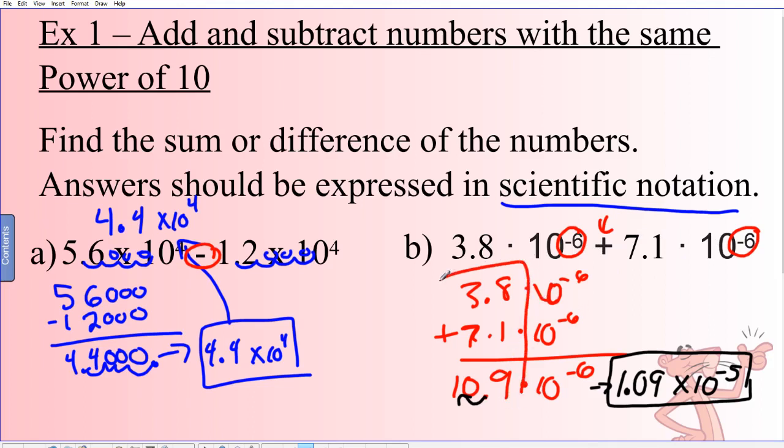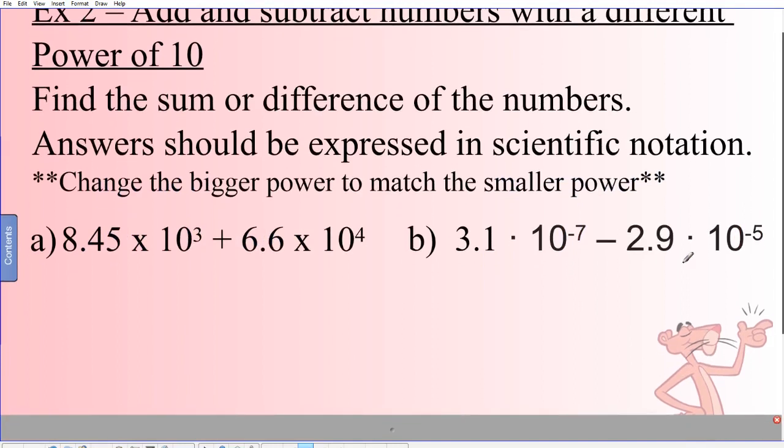You just have to worry about the decimals. But when they have a different power of 10, that trick doesn't quite work out. Although, we can make these guys have the same power of 10. That's what this little hint right here is trying to tell us. You can make them so they have the same power of 10.